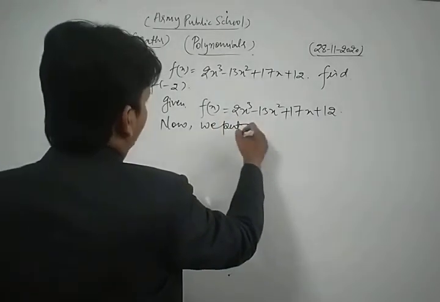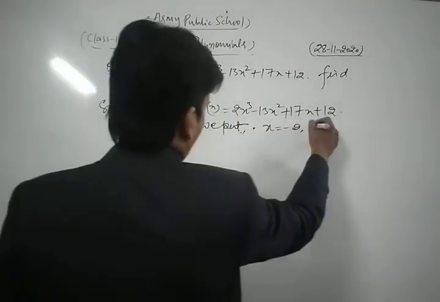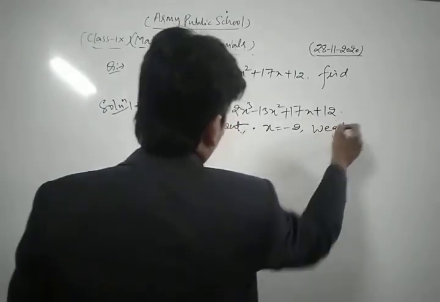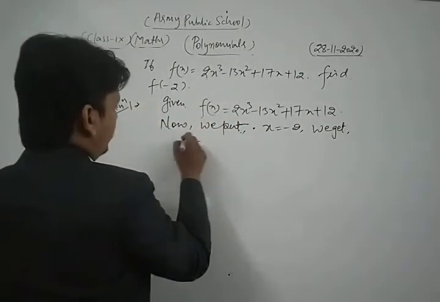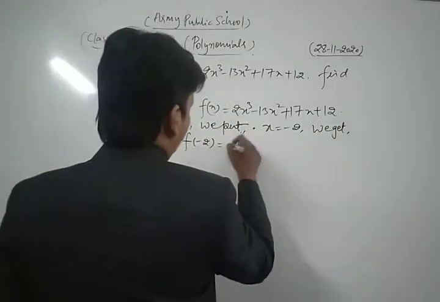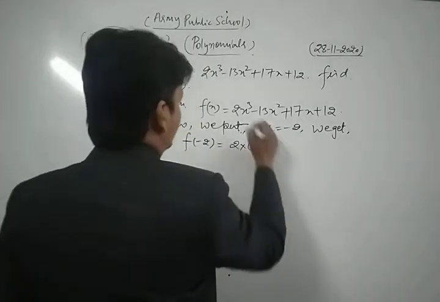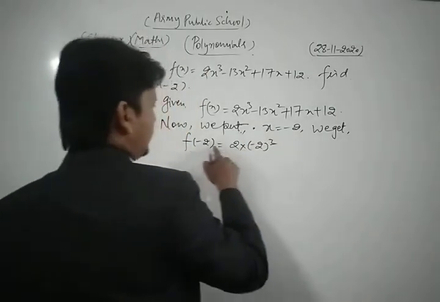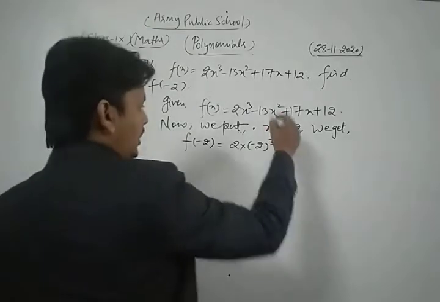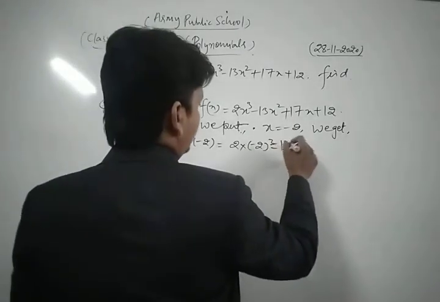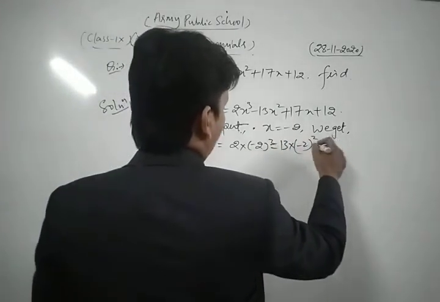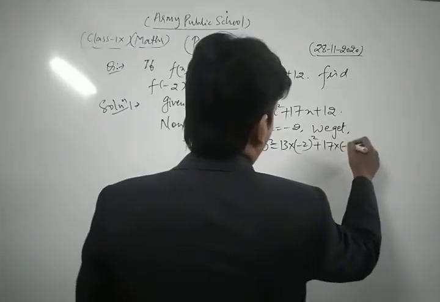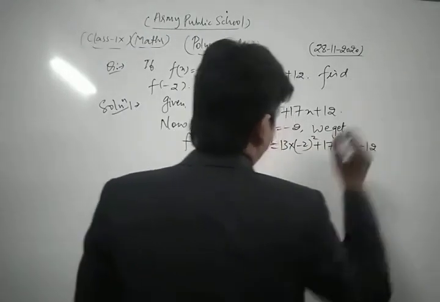We put x equal to minus 2, then we get f of minus 2 is equal to 2 into minus 2 cube, minus 13 into minus 2 square, plus 17 into minus 2, plus 12.